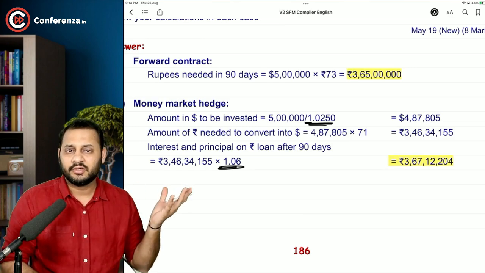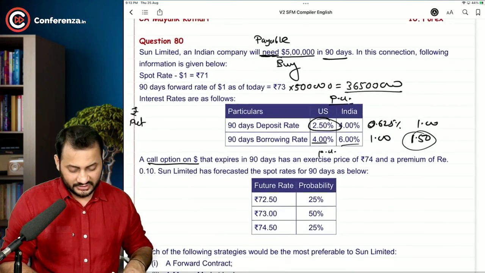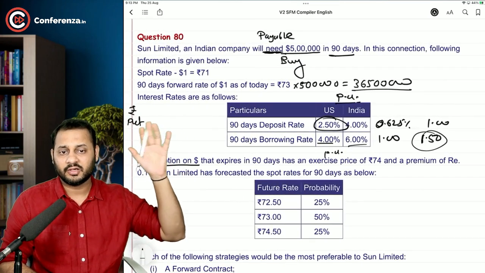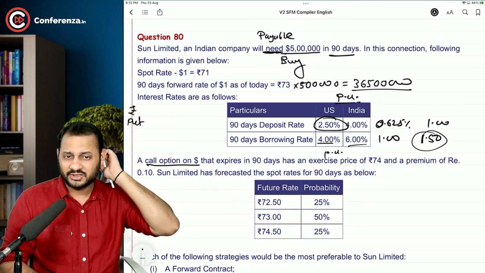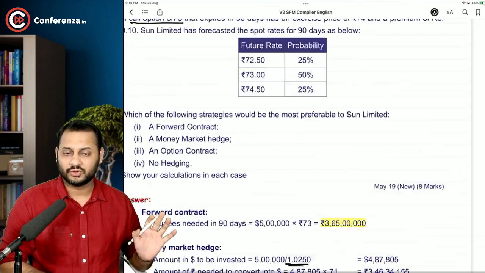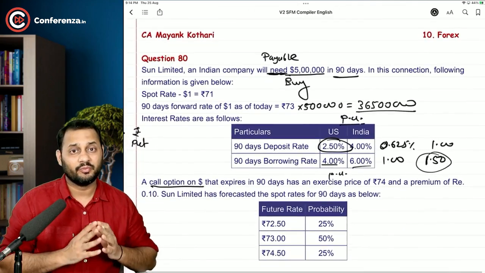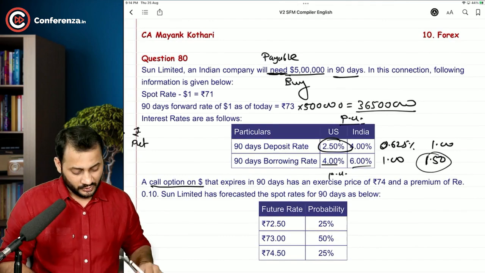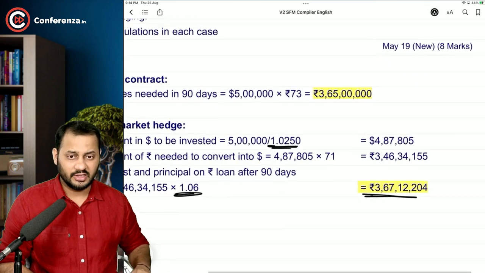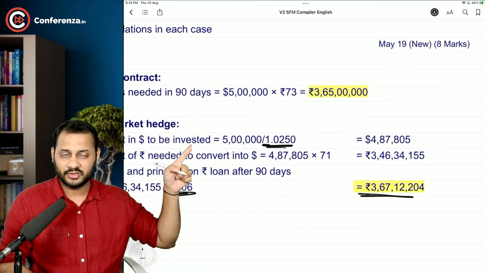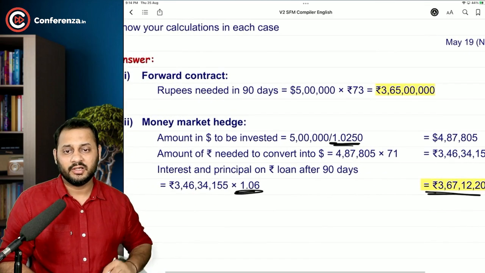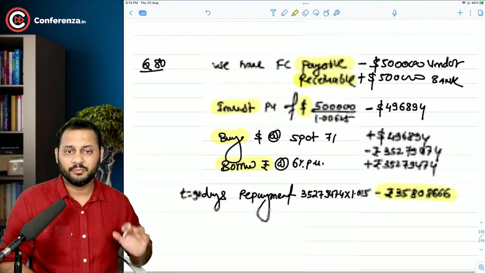We have one justification for what the institute has done, because nothing in this entire question per annum was given, but my suggestion was like that. That's okay, not a problem. We can go with this one also, but if you are going for per annum, you will have to make a note of it in the exam. So I will just assume this will be the answer, 367, after taking the entire 2.50% deposit rate of dollar and 6% borrowing rate for rupees. But you might have understood the procedure by now.